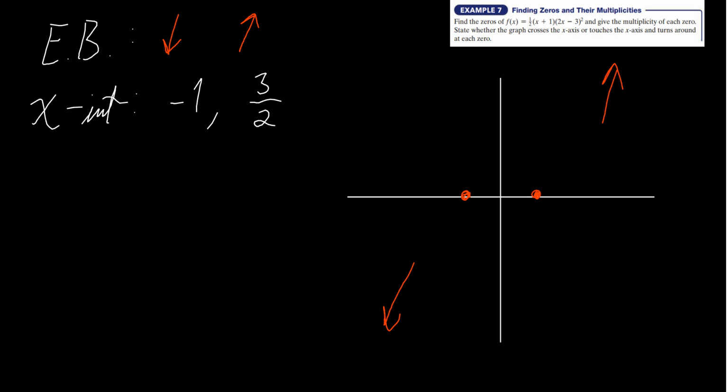Nothing exact. Looking at this graph, what is my multiplicity at those zeros? My x equals negative 1 corresponds with the term x plus 1, raised to the first power.